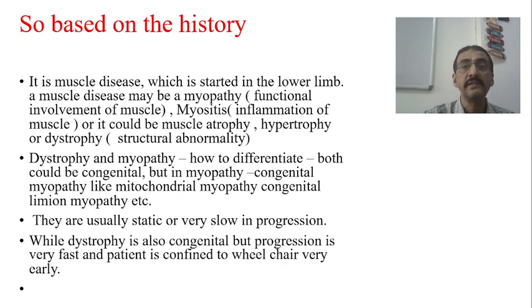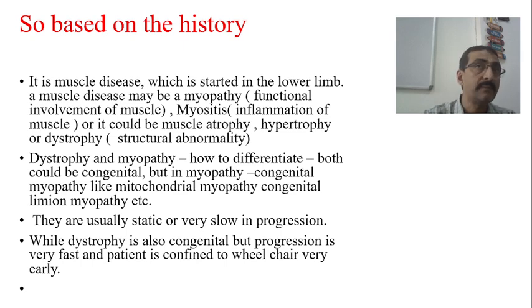Okay, how to differentiate? Now, myopathy could be congenital. Similarly, dystrophy is also congenital, no doubt. But the only difference is in congenital myopathies like mitochondrial myopathy or congenital myopathy, etc. These are the examples. In the case of myopathies, usually the problem will be static.